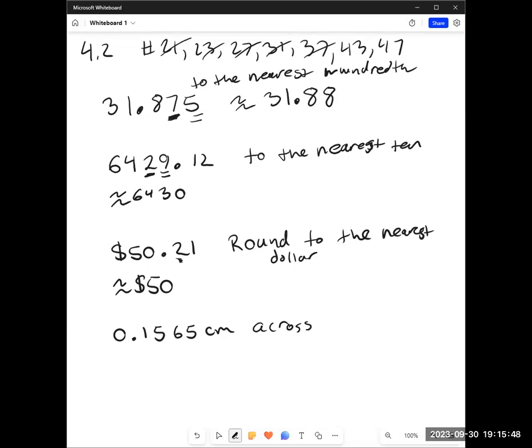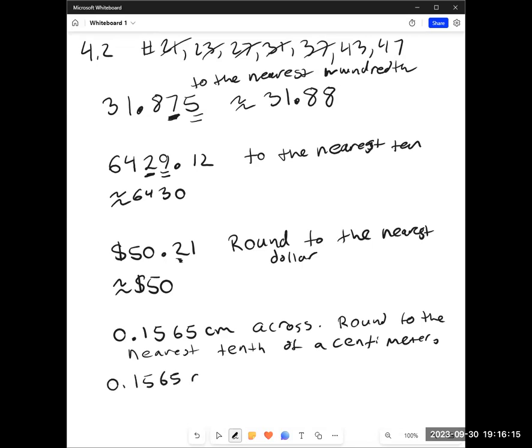Round this number to the nearest tenth of a centimeter. So 0.1565 centimeters is about, rounding to the nearest tenth of a centimeter, we're going to look at the hundredths place value, and that 5 is going to cause us to round up, and that's approximately 2/10 of a centimeter.